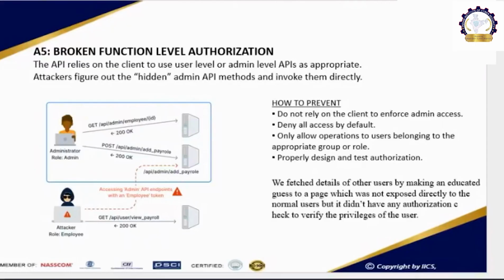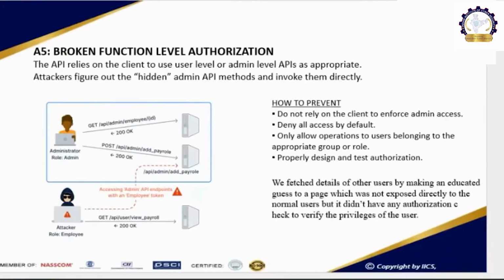So in the lab, we fetched the details of another user by making an educated guess. I guessed that if a normal person is using this user field, then what would an admin be using? Why not just place the text admin there? So I got the flag.